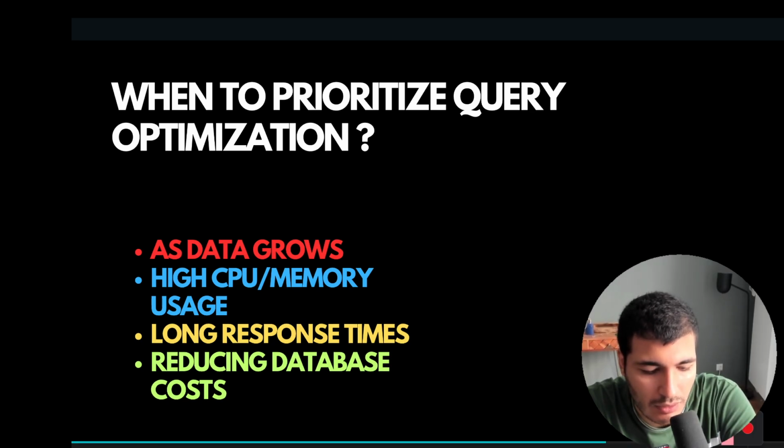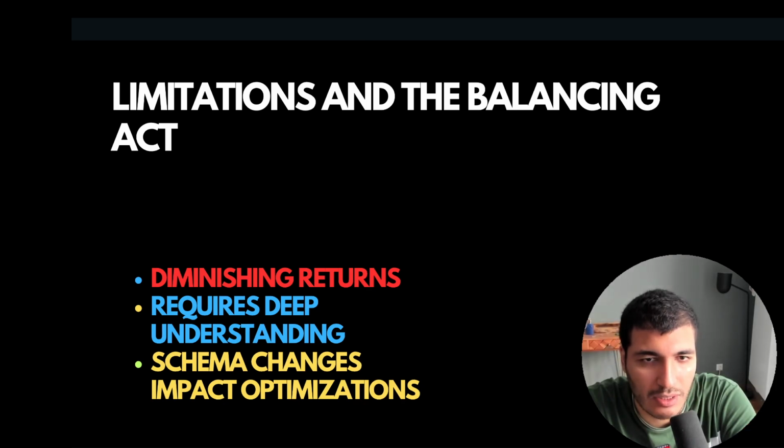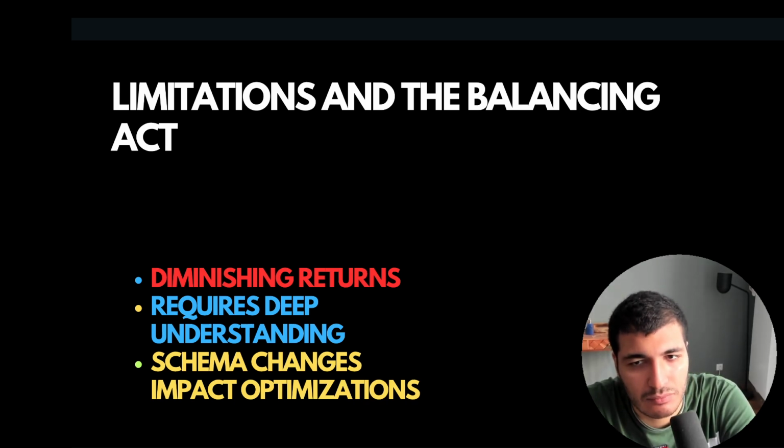Okay, we need to talk about some limitations and the balancing act. While incredibly powerful and cost-effective, query optimization also has its limitations. For example, number one, diminishing returns. There is only so much you can optimize a query.